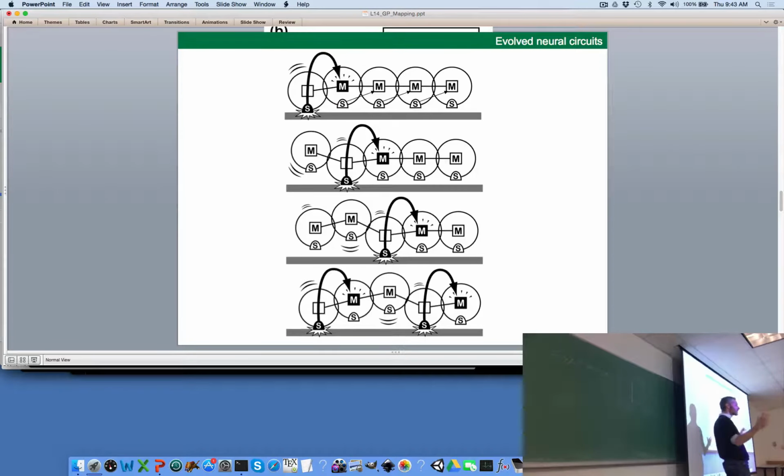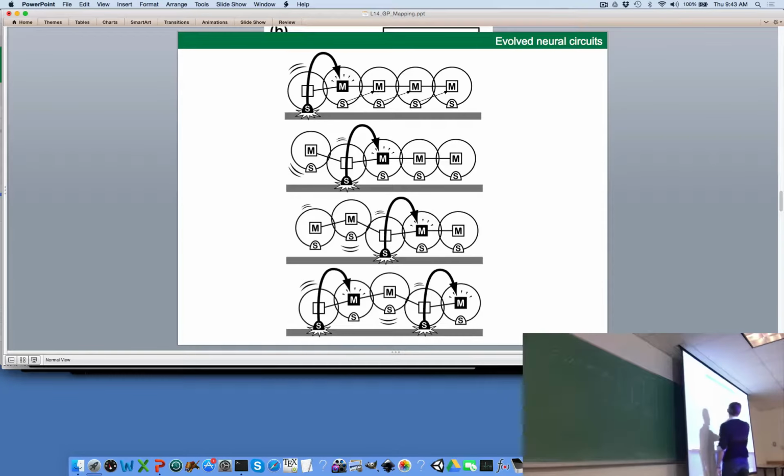Evolution has found a solution, a recipe that embeds one touch sensor, the S's, in each node, and a single synapse that connects a touch sensor to the motor in the neighboring sphere. Right?